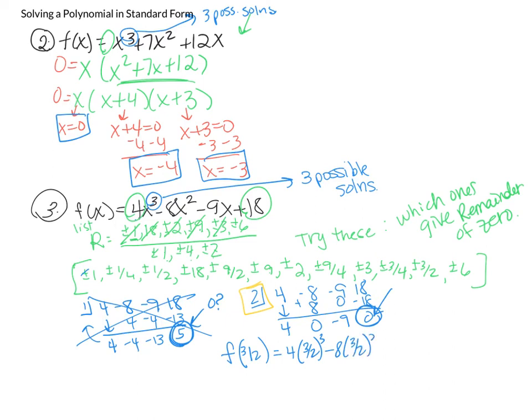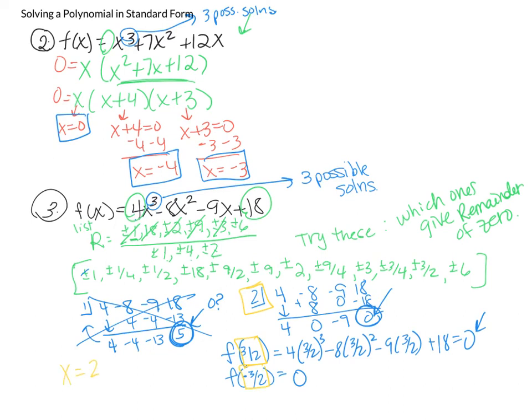And when I plug this in, I will end up getting 0. So again, we've got another remainder of 0, which means that 3 over 2 is also a solution, okay? So I can do either of these, and I'm looking for 3 solutions, right? The last solution that we would find, let's say we wanted to plug in, is negative 3 over 2. So I plug that in, and I would also get 0. So now I found my 3 solutions.